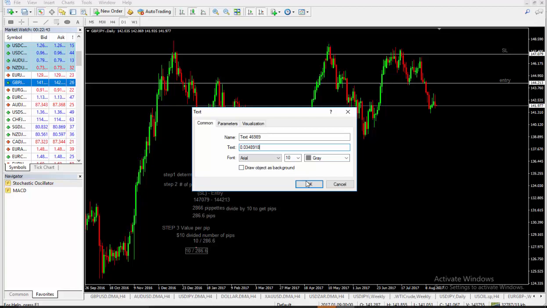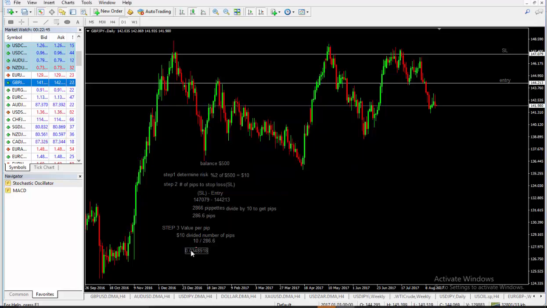So there we have that. That's our value per pip, right? That's our value per pip. Now we go to the last step, step 4, which is determining our volume.